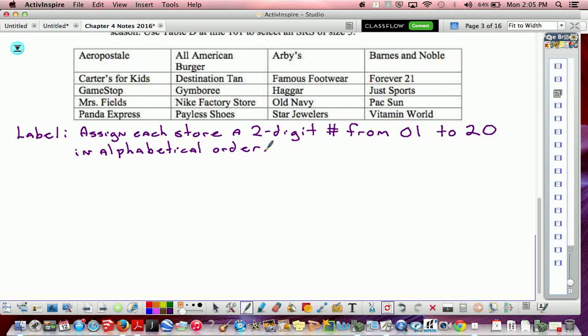No. I could say, I could assign them going in columns from left to right. But you have to describe that to the reader. So when you do this, for instance, on an exam, I will look for how you describe this and follow it. And see, do I get exactly the same answer with the directions you give me? So I'm going to assign each store a 2-digit number from 01 to 20 in alphabetical order.